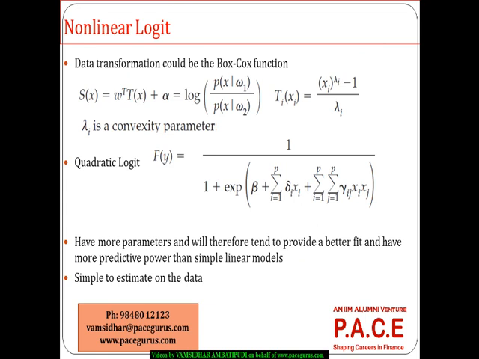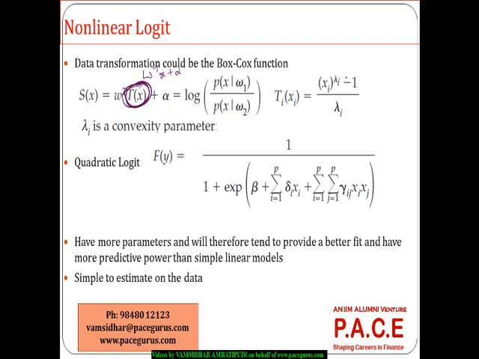The same goes with non-linear logit, especially if we are assuming that the variables are not linearly related, there could be a non-linear relation. Then we can do a slightly different transformation where, if you see, instead of using W transpose X plus alpha, we are saying W transpose T of X plus alpha, right?